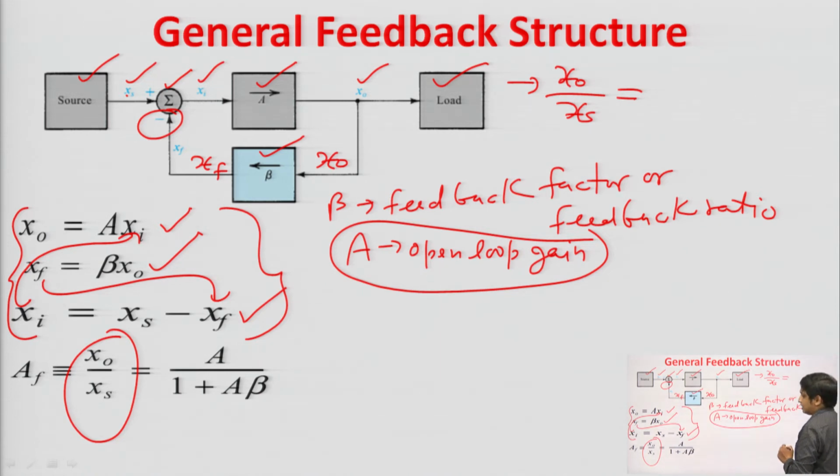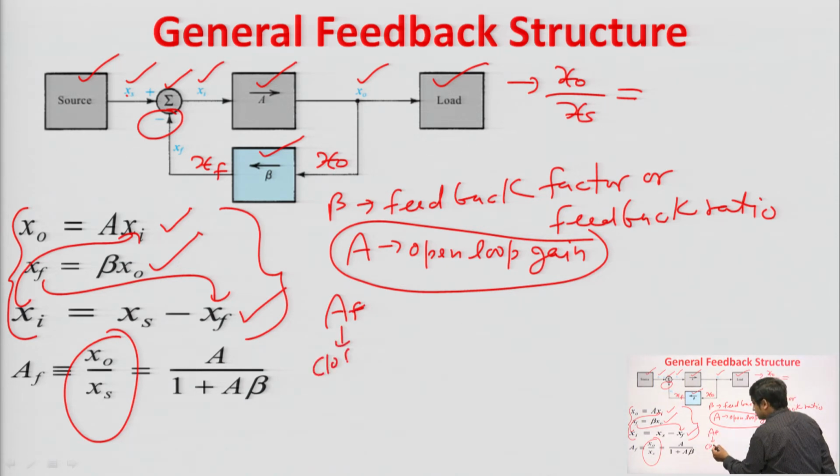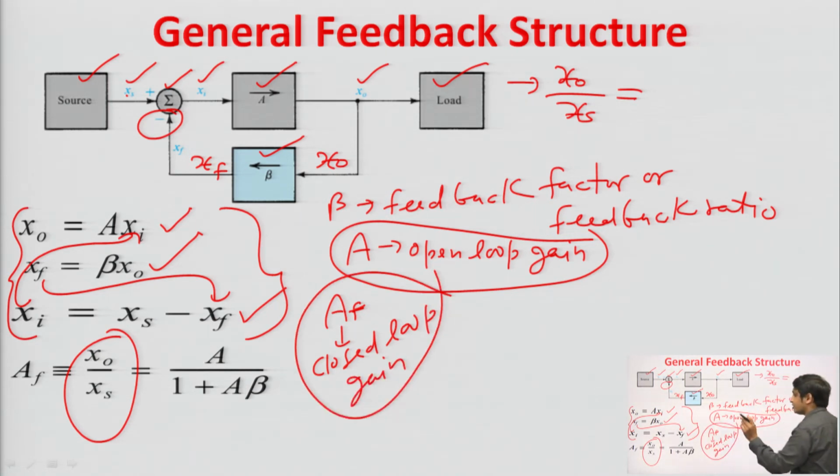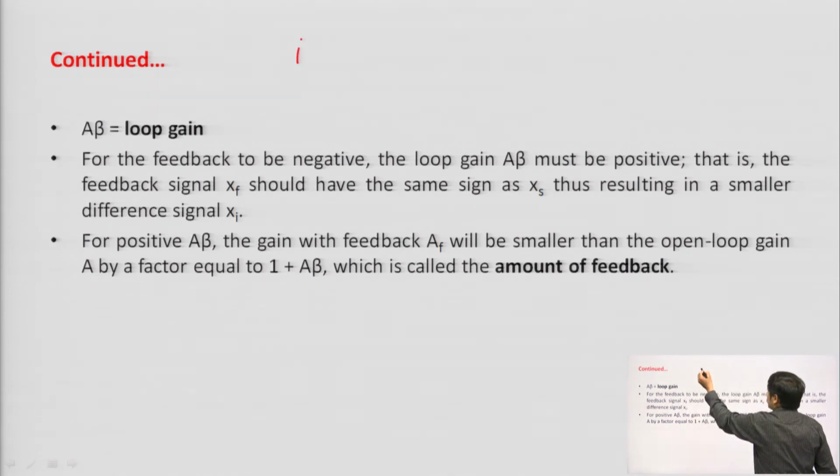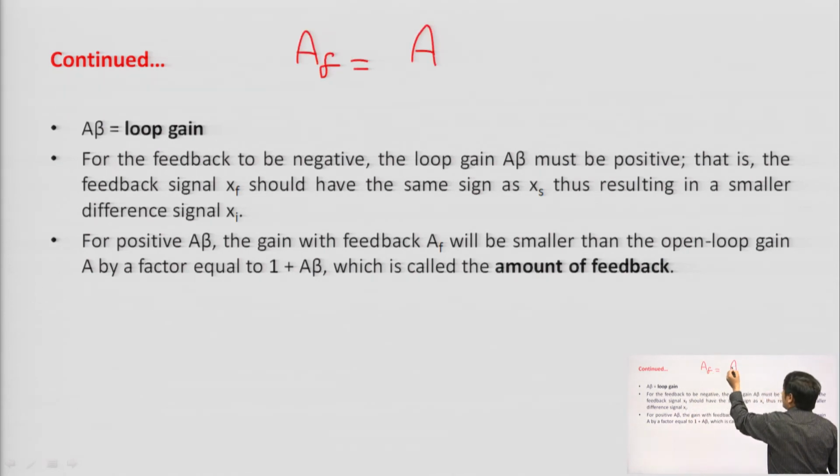Now, try to understand what AF is. AF is your closed loop gain. Closed loop gain means gain with feedback. A is the open loop gain, that means gain without feedback. The closed loop gain which we are getting is equal to A upon 1 plus A beta.